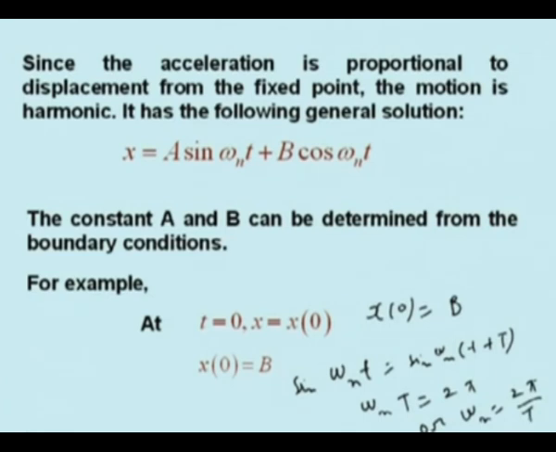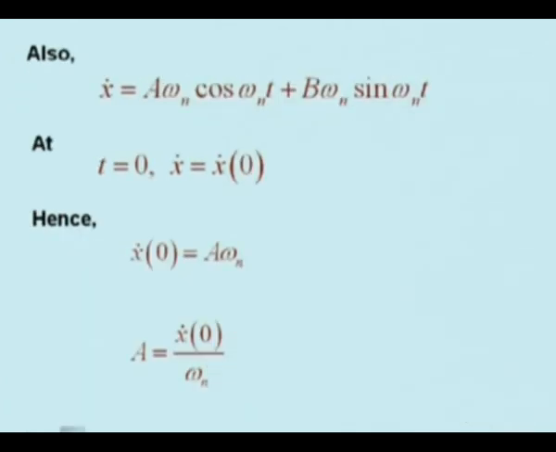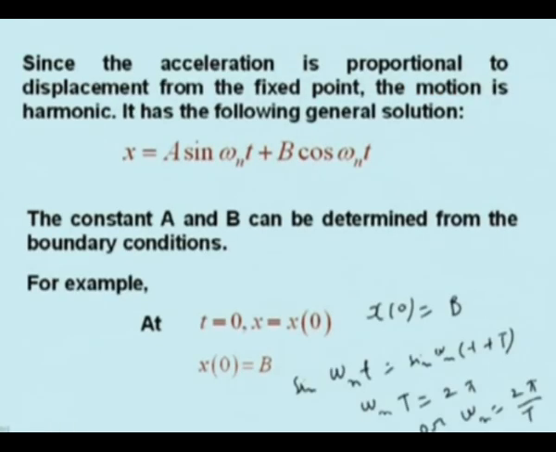So the time period is equal to 2 pi by omega n. Now let us say at t is equal to 0, x is equal to x0 and x0 is equal to b.